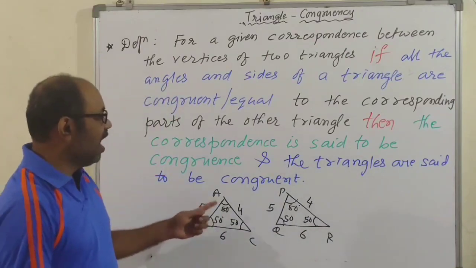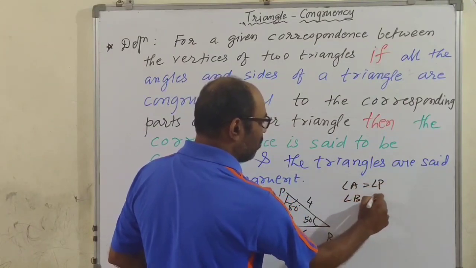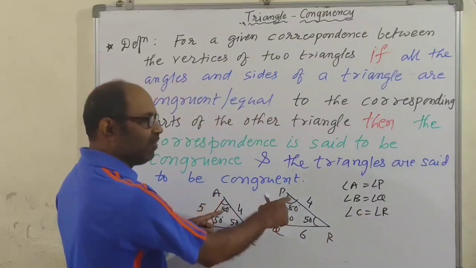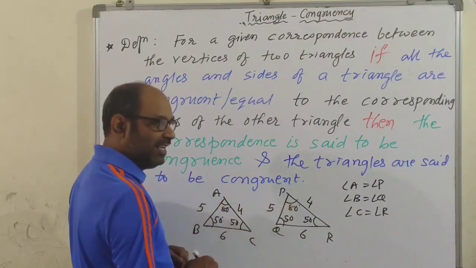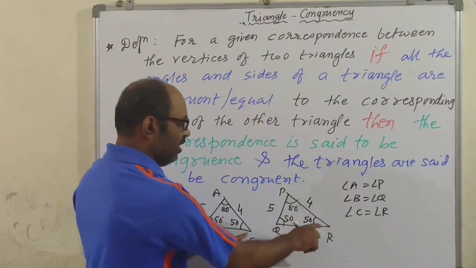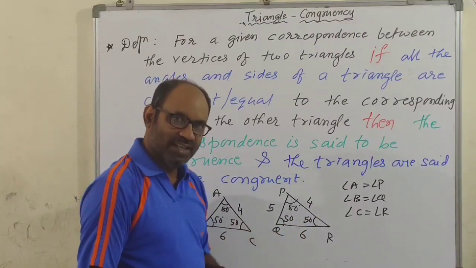So what you have? Angle A equal to angle P, angle B equal to angle Q, angle C equal to angle R. Why angle A is equal to angle P? Both the angles measure 80 each. Why B is equal to angle Q? They have 50-50. Angle C is equal to angle R because their measures are 50 each.